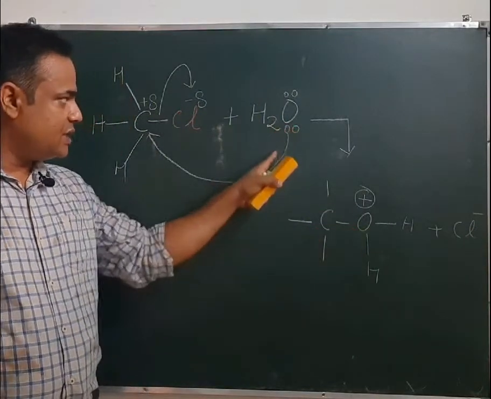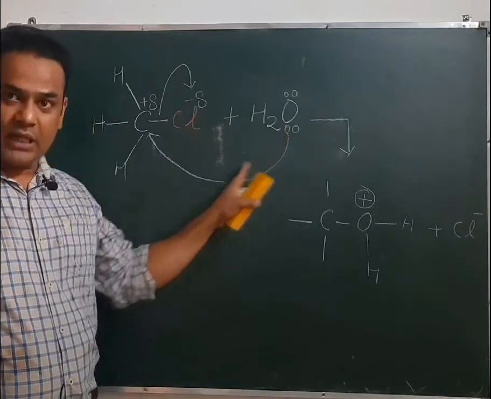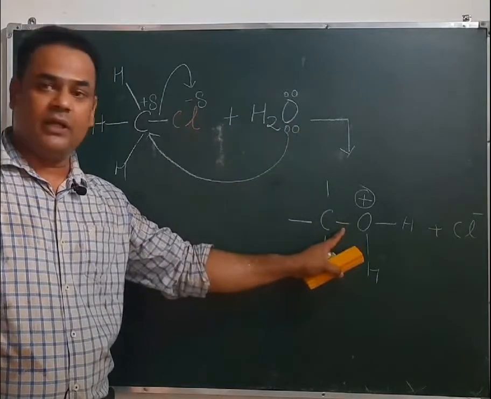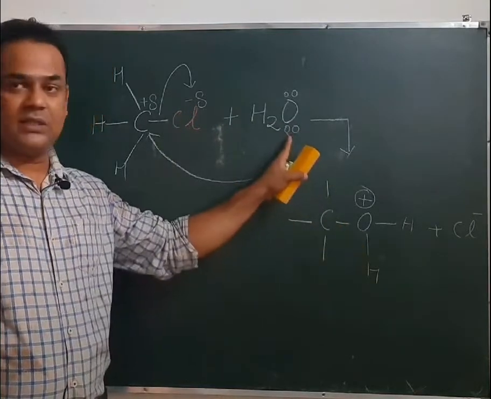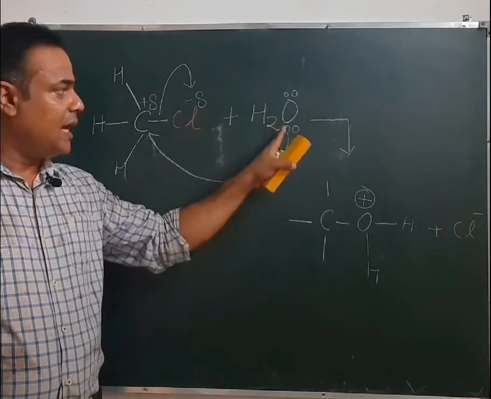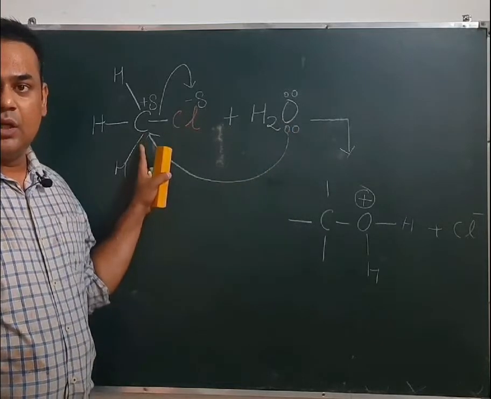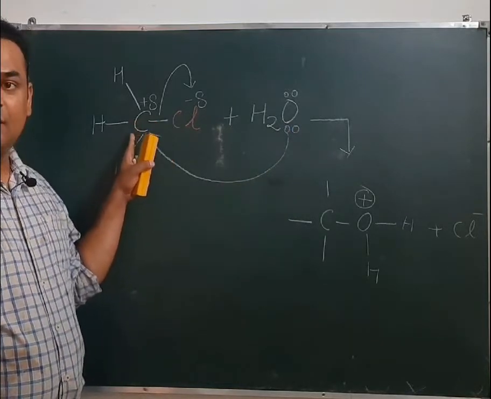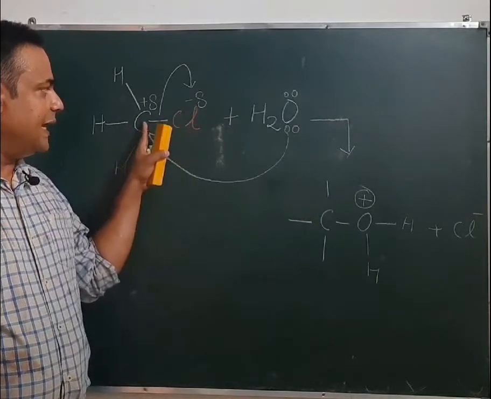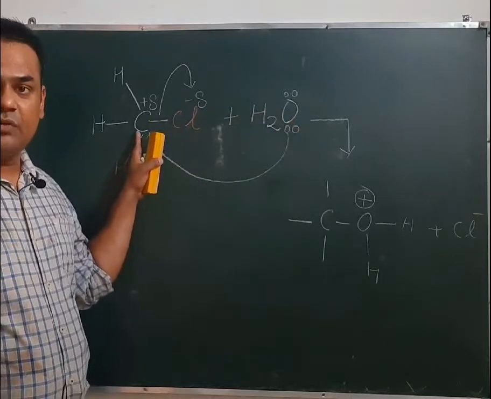Why has this oxygen acquired a positive charge? Because it has given its electron pair to the carbon. First it gives one electron to the carbon, then with another electron it makes a covalent bond with carbon. Here oxygen has four electrons, two lone pairs, and out of these, one electron is given to the carbon to fulfill its valence shell, because when the C-Cl bond breaks, chlorine takes away the pair of electrons, so this carbon will be deficient in one electron.